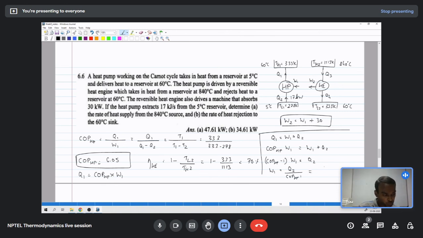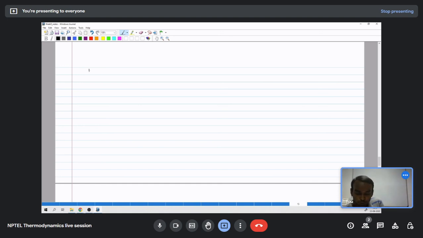So Q2 is 17 kilowatt and COP is 6.05 minus 1. We have 3.366 kilowatt as W1. Now I can calculate W2. So W2 is W1 plus 30, which will be 33.366 kilowatt.